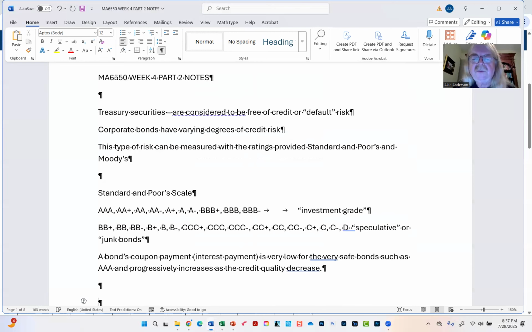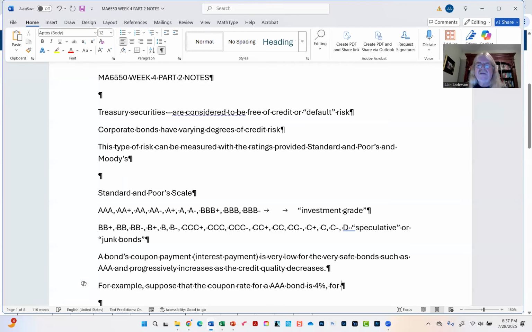So when you buy a really risky bond, you're basically taking a chance that you'll actually receive all the cash flows, because if you do, you'll actually do quite well. For example, suppose that the interest payment, or coupon rate, for a AAA bond is, let's say, 4%.